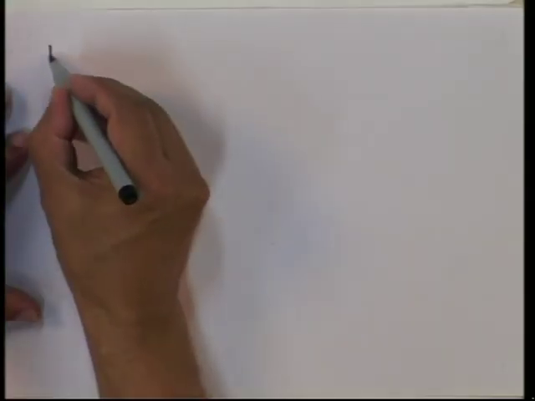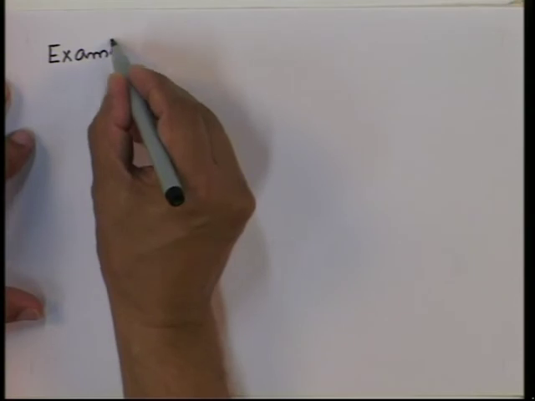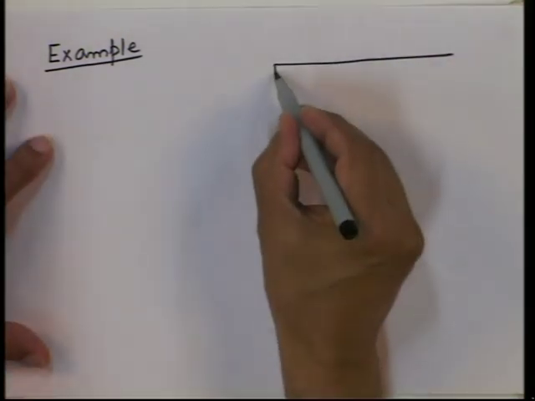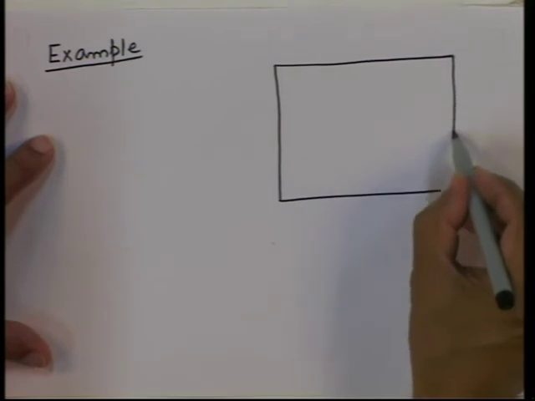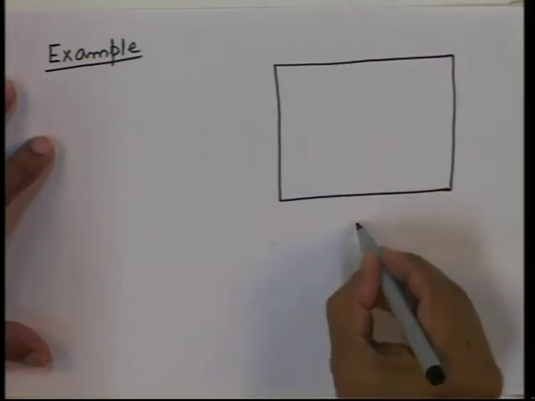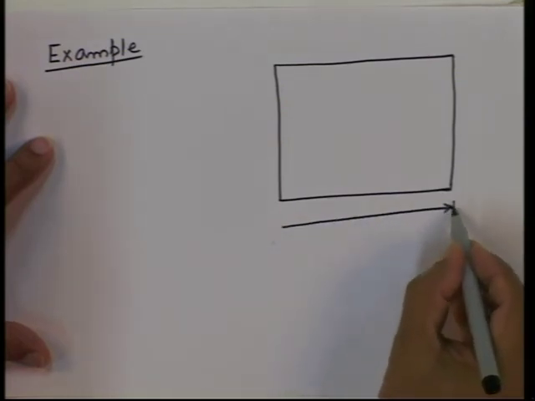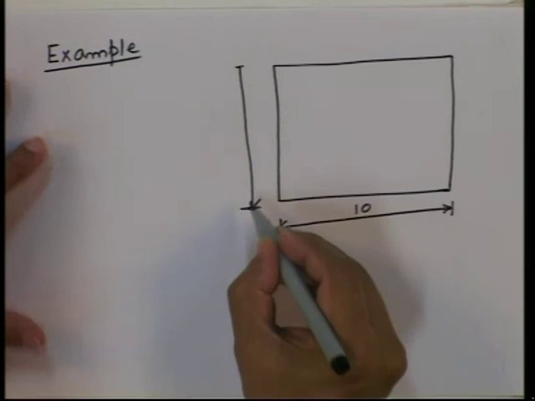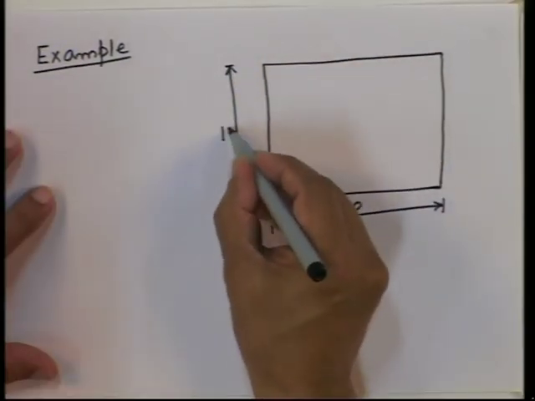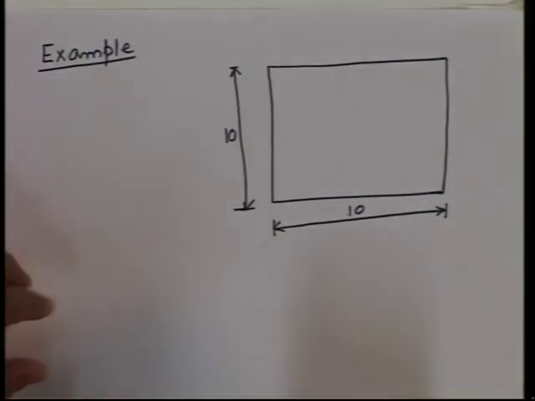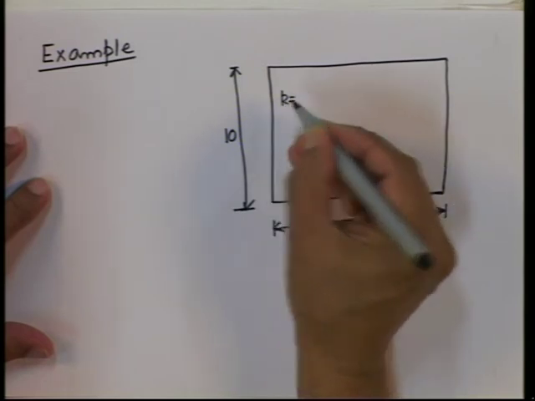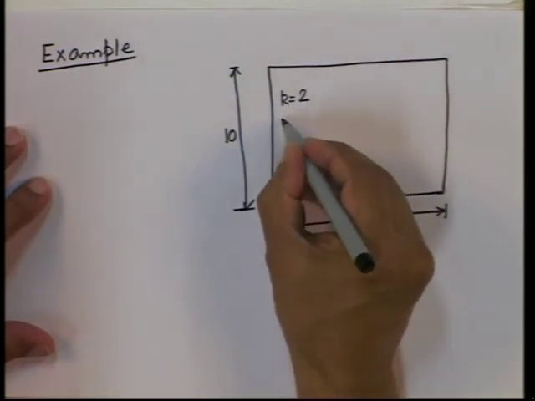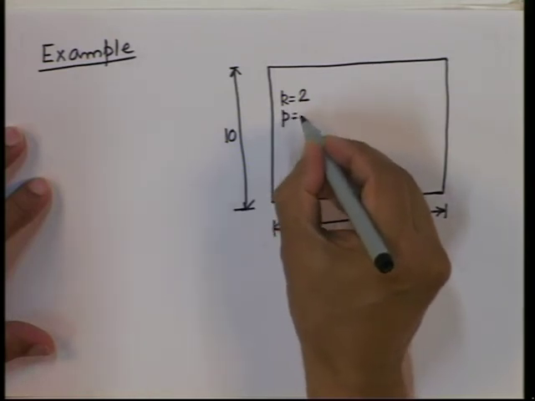There is a square plate of size 10 by 10, k is equal to 2, P is equal to 2.4.